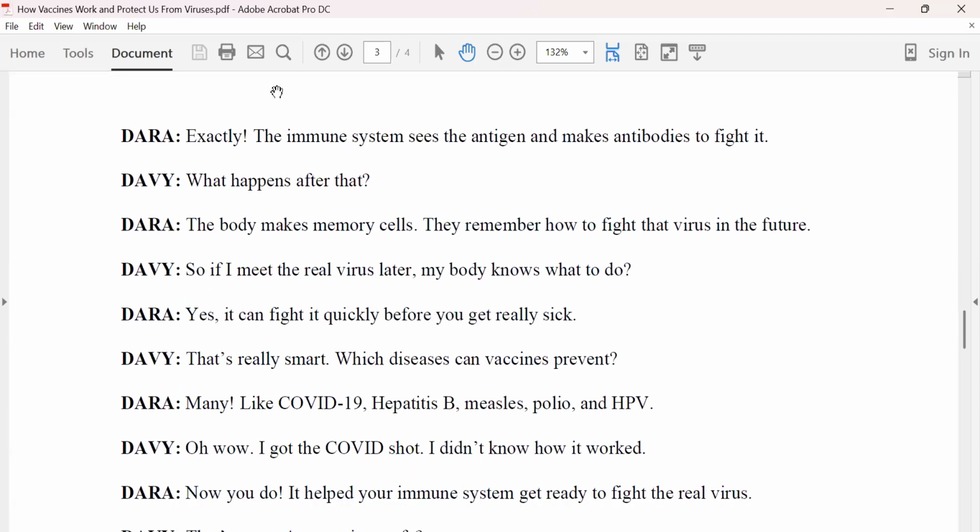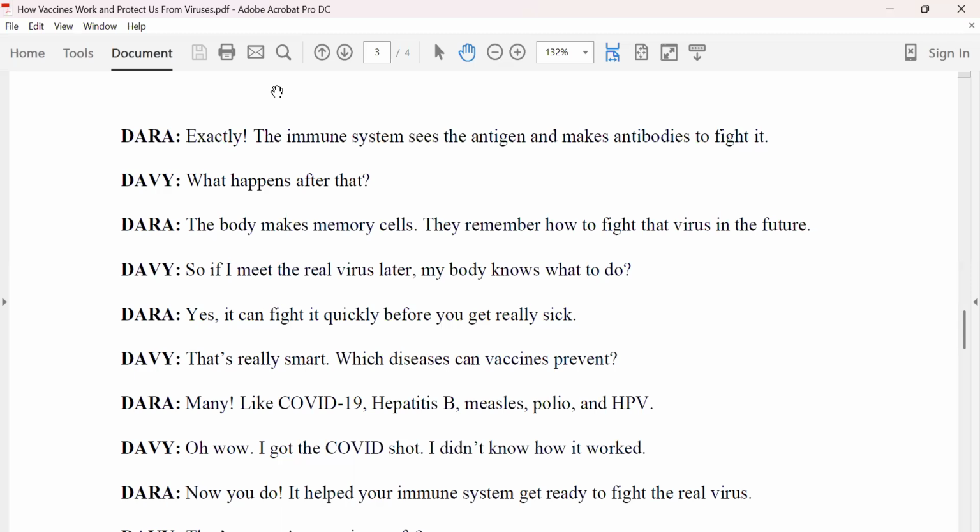Exactly. The immune system sees the antigens and makes antibodies to fight it. What happens after that? The body makes memory cells. They remember how to fight that virus in the future. So if I meet the real virus later, my body knows what to do. Yes, it can fight it quickly before you get really sick.